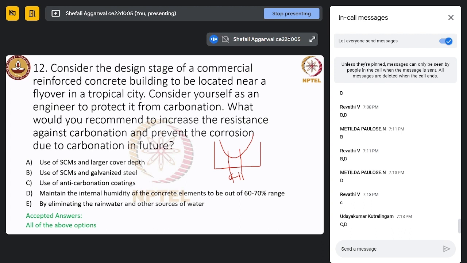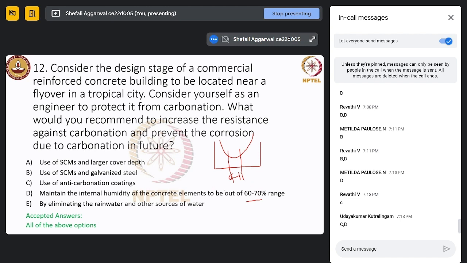Next is the internal humidity. We have to keep it out of the 60 to 70% range, not inside the 60 to 70 range. So it's also correct that if it is in between this range, there will be more carbonation. So it should be either less than this or more than this, right?